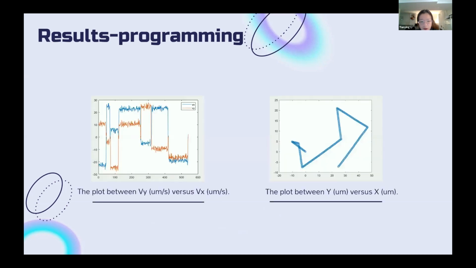Using two random arrays for the run and tumble process, we can plot the profile of the speed versus time as well as Vy versus Vx. On this basis, we finally plotted the two-dimensional swimming trajectory. One of the random results is presented in this slide.